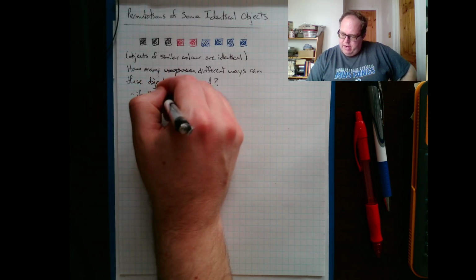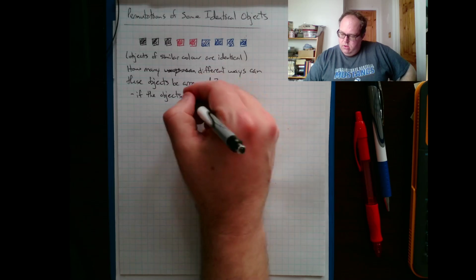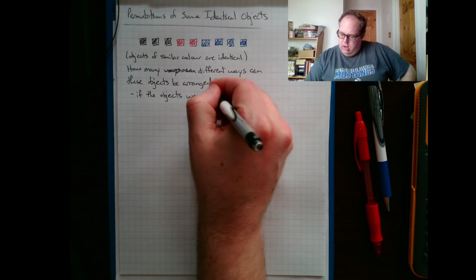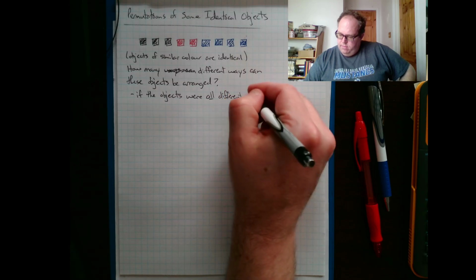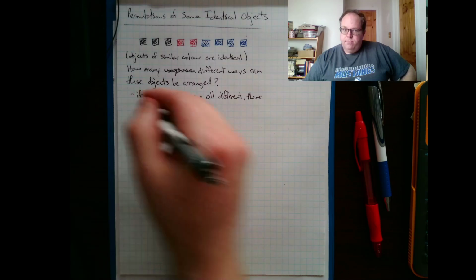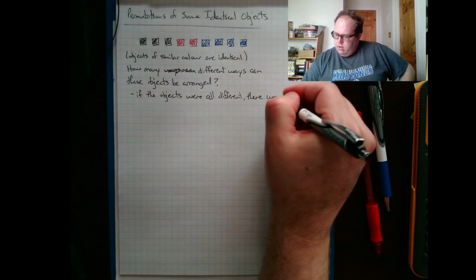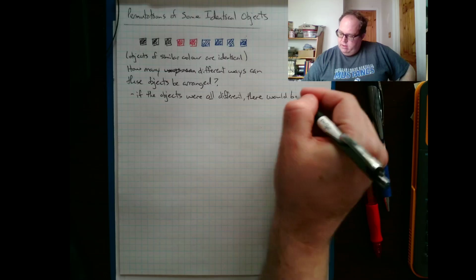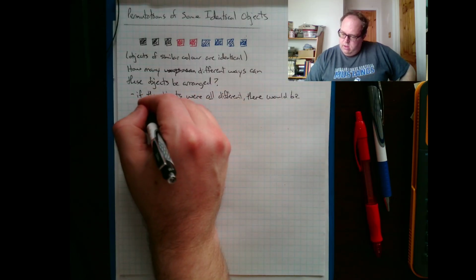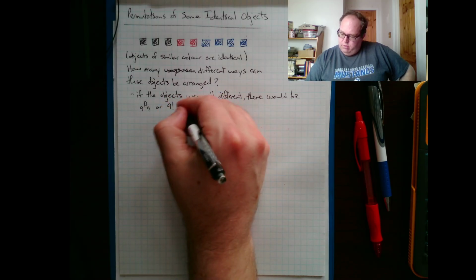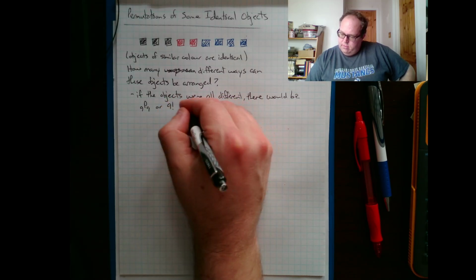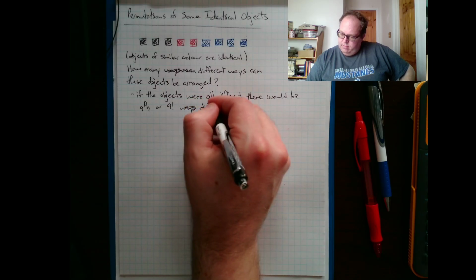If these objects were all different, there would be 9P9, or 9 factorial, ways to arrange them. Different ways to arrange them.